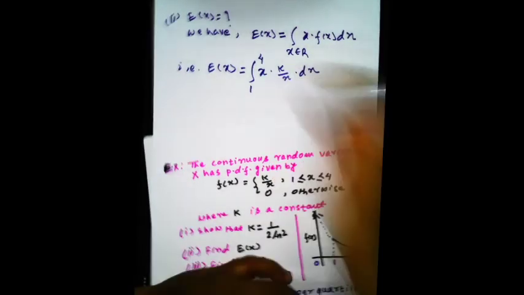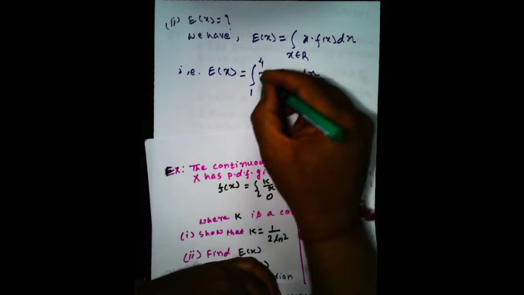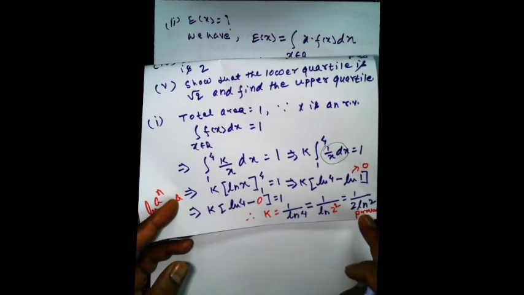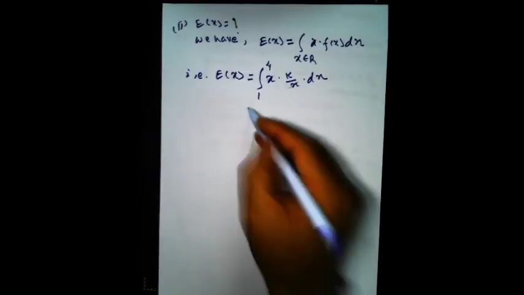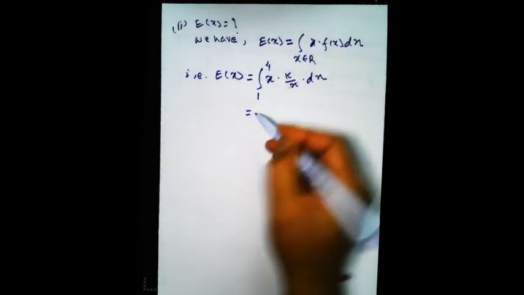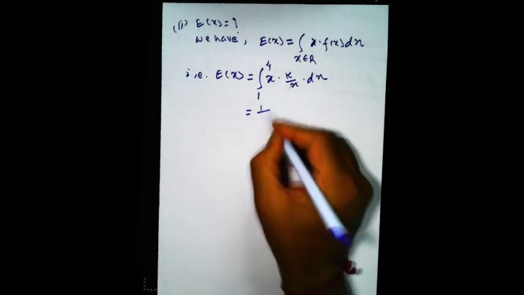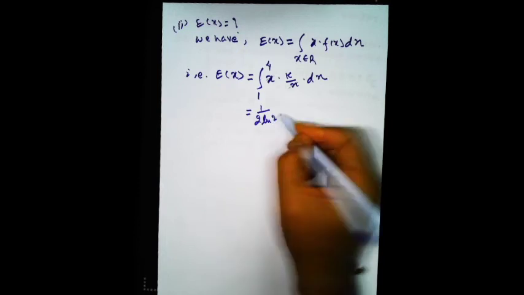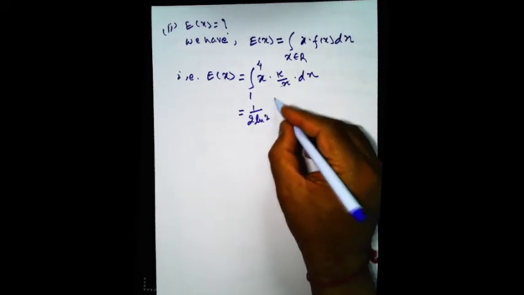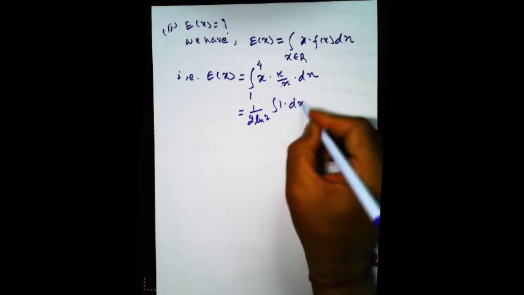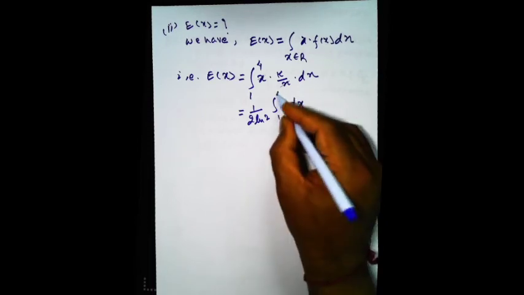These two x's are cancelled out, and we already have the value of k obtained here, that is 1 by 2 ln 2. So we take this k value outside. So it's going to be 1 by 2 ln 2 on the outside, and then we are left with only the value 1, and then dx, from 1 to 4.